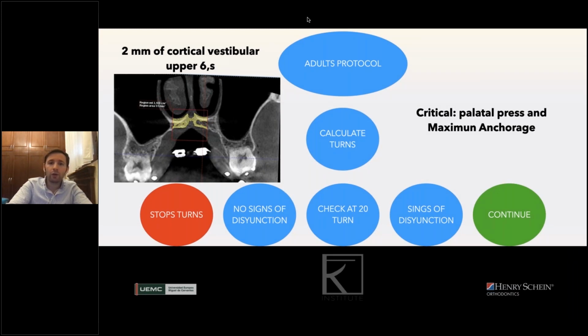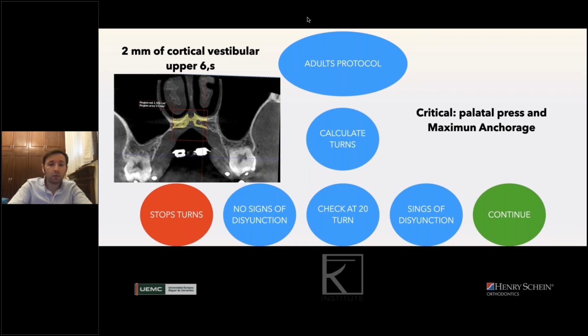Look at, we have non-surgical protocols with pressure in the palatal area, to make the disjunction without screws. Imagine. It's needed in some types of patients, but we can do this, and we are making a protocol. We calculate the turns that we have to do.